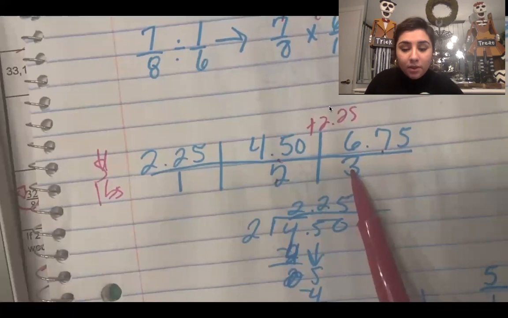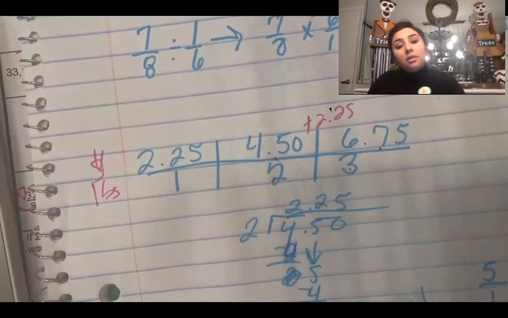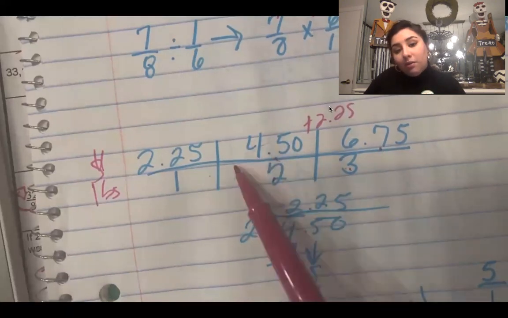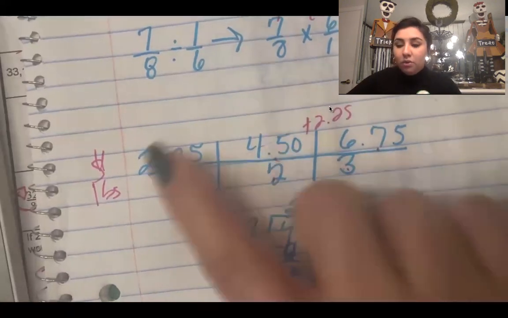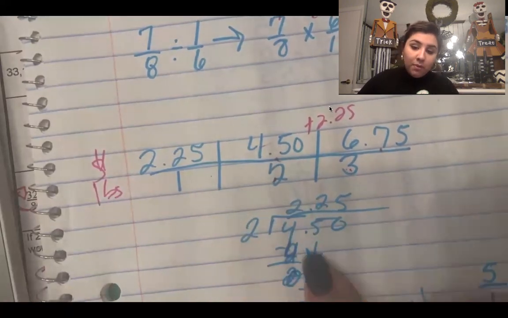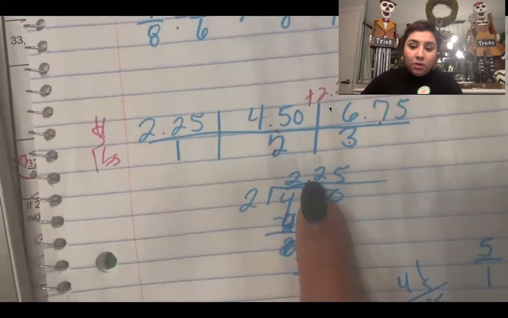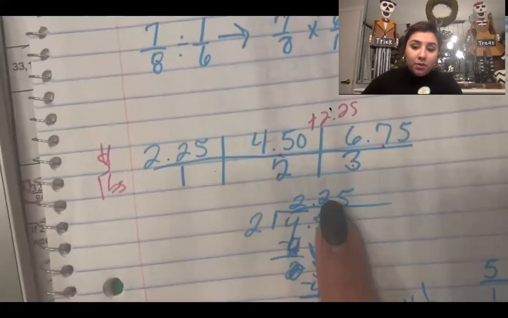Before we get to 3 pounds, we need to figure out how much 1 pound costs us. So I literally just cut it down the middle. Half of 4 is 2, half of 50 cents is 25 cents. I also wanted to double check my work, and I did it right here. 2 goes into 4.50 $2.25, or 2 whole times and 25.